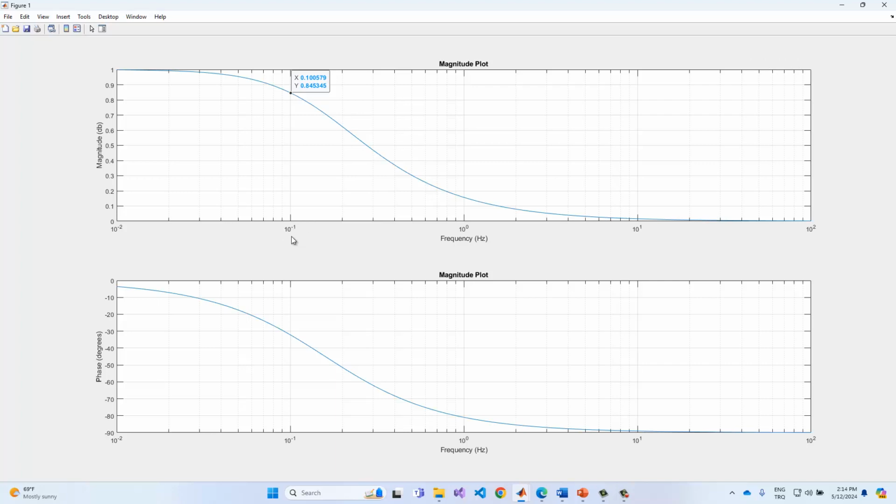The 0.1 hertz, our signal is diminished with the ratio of the what? The 0.84, which means that if we apply the 1 times sinus signal in here with the magnitude of 1, our output gives us the what? The 0.84 in here.